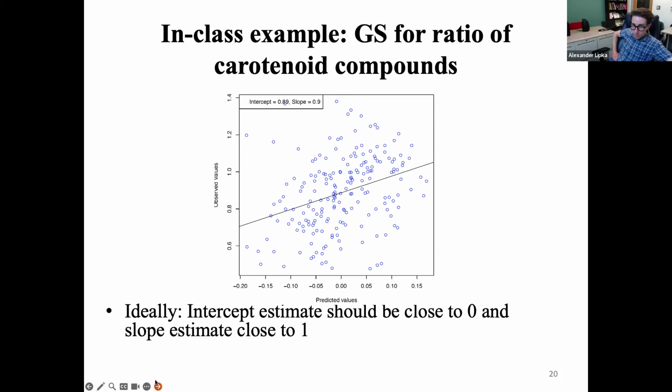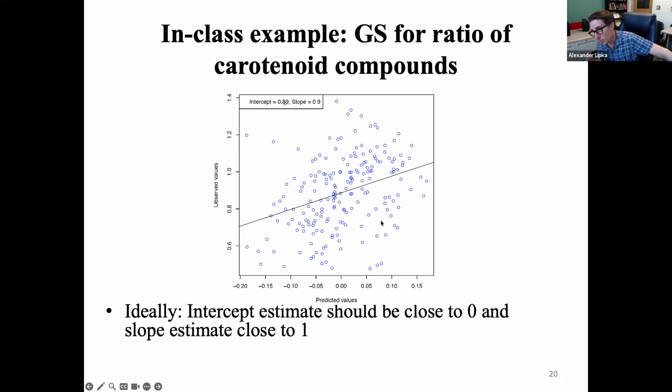So what you can do to test this bias is make a plot where your y-axis is your observed trait values, and your x-axis is your genomic estimated breeding values from genomic prediction, and each dot is one of the individuals in your data set.